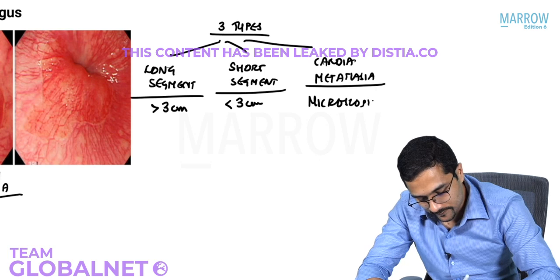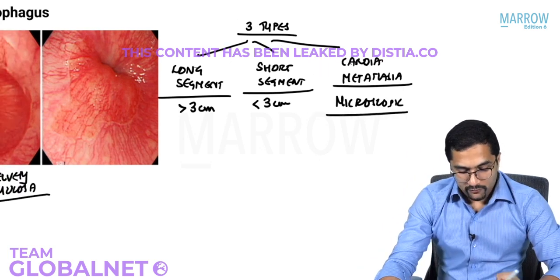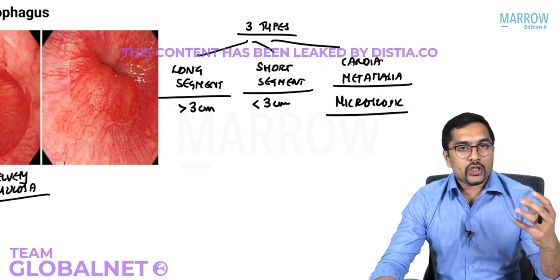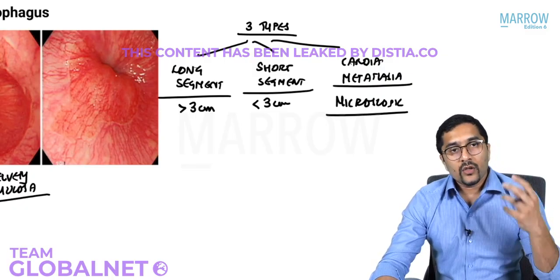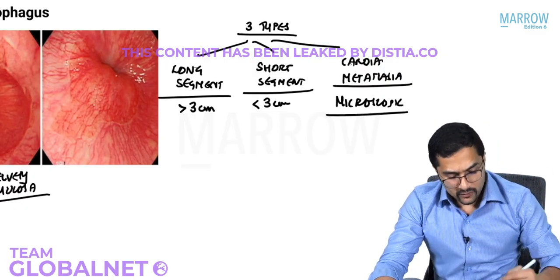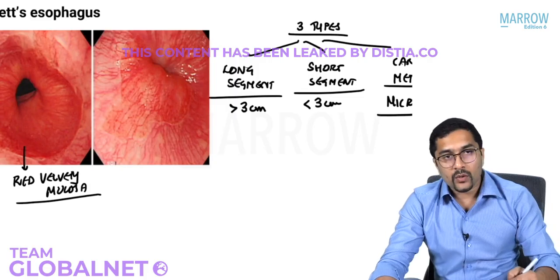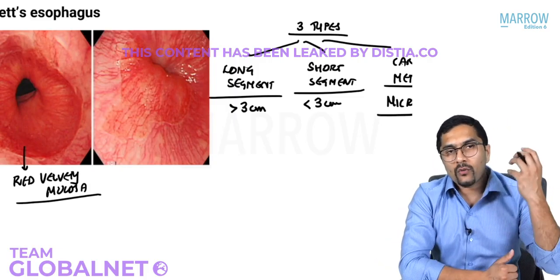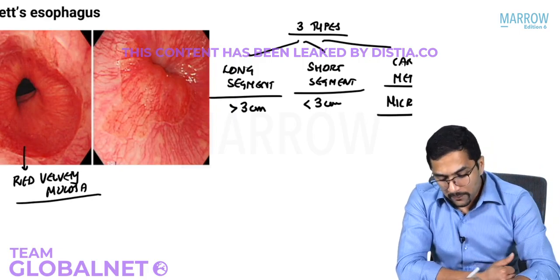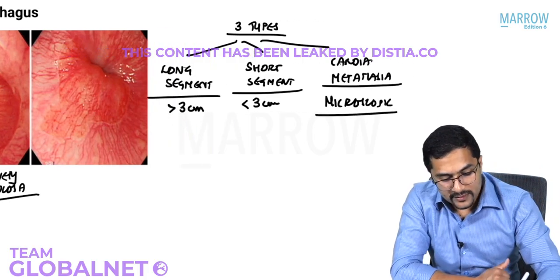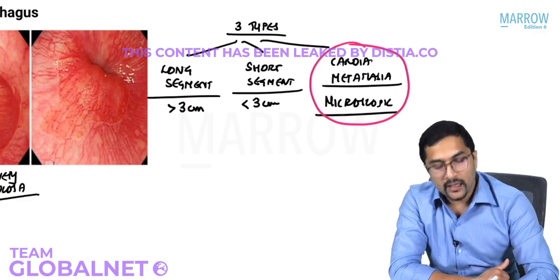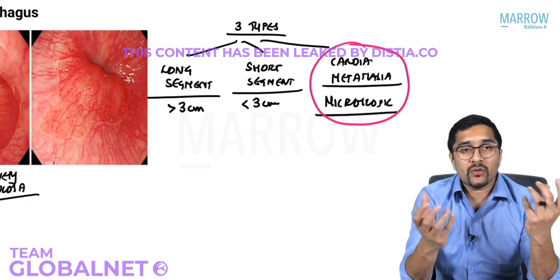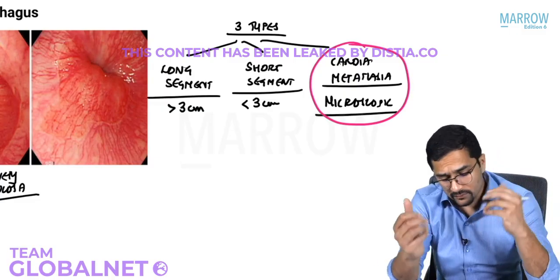Now, when you encounter a long segment or a short segment Barrett's esophagus, you know where to take the biopsy from, right? Because you will see the red velvety mucosa. But the problem arises when there is cardia metaplasia or when this red velvety mucosa is not typically seen.